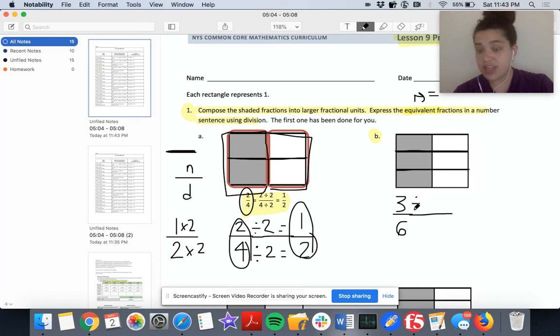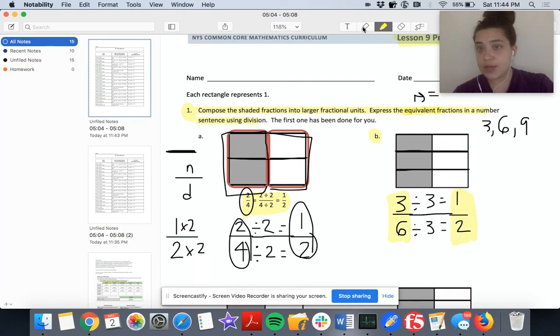So I'm going to divide 3 divided by 3 and 6 divided by 3. I'm going to list my multiples just to be sure for this division. 3 divided by 3 is 1. 6 divided by 3 is 2. So therefore, I know that 3/6 is equal to 1/2.